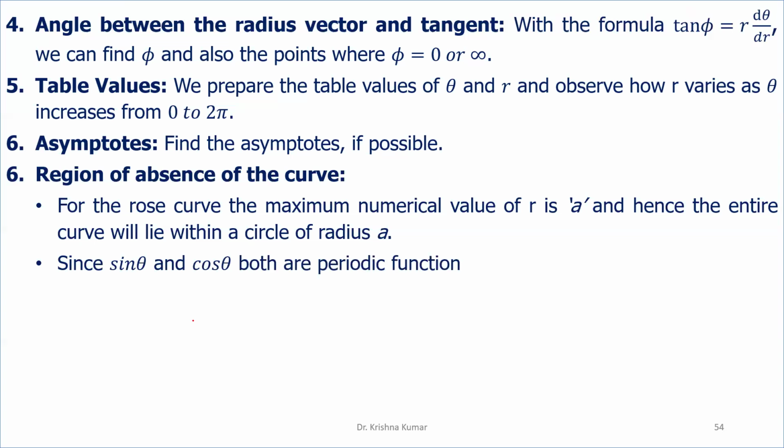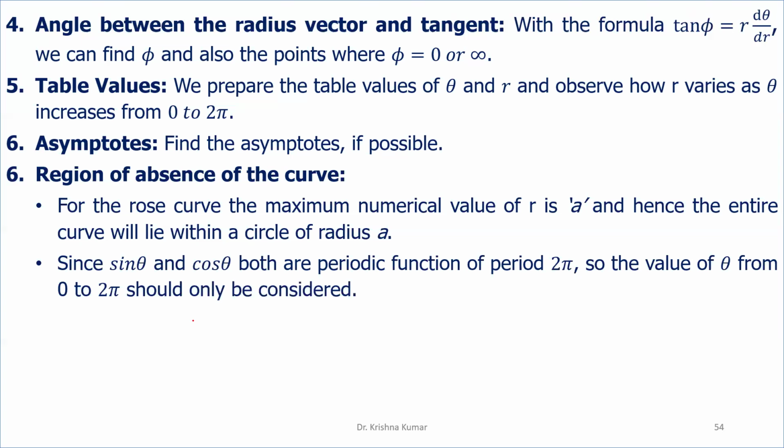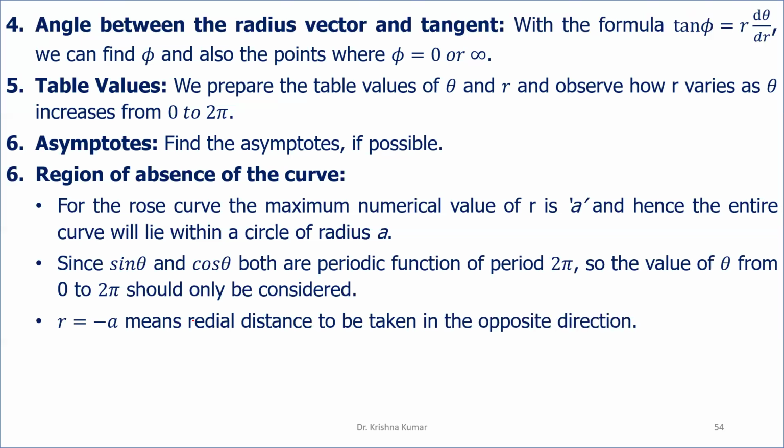Since sin theta and cos theta are both periodic functions of period 2 pi, only values of theta from 0 to 2 pi should be considered, because taking more than 2 pi will just repeat the same thing.